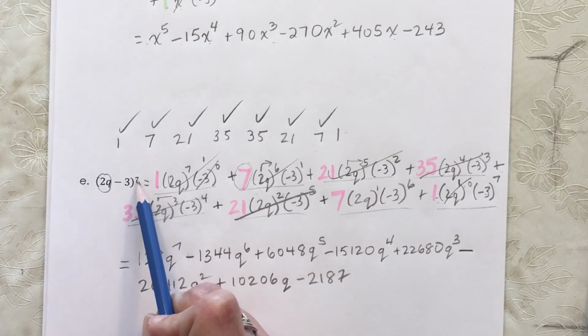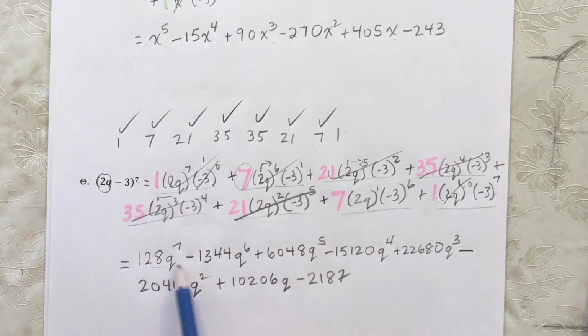And if we're to the power of 7, there should be 8 terms. 1, 2, 3, 4, 5, 6, 7, 8.